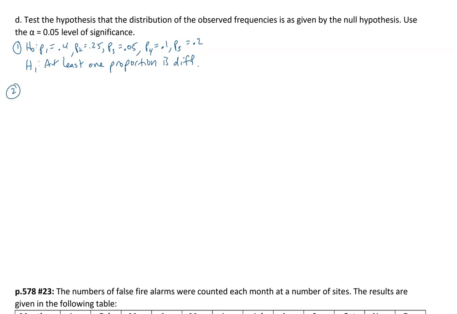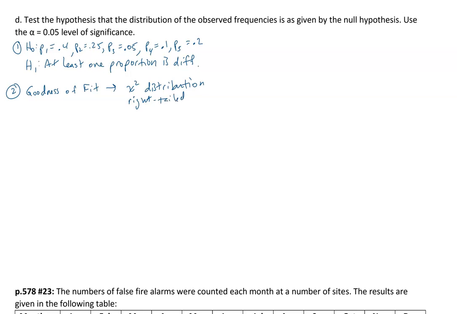And then for step 2, recognizing that whenever you have that single row of observed values and these expected values that we then compute, immediately that's goodness of fit. And therefore we are using the chi-square distribution. Big new thing, it is going to be right-tailed.